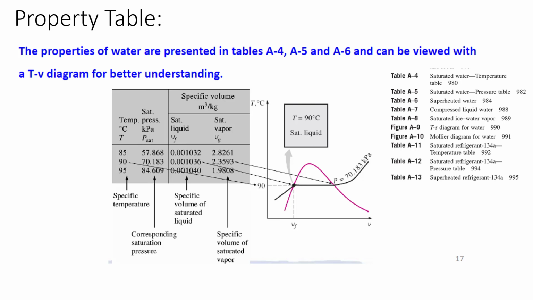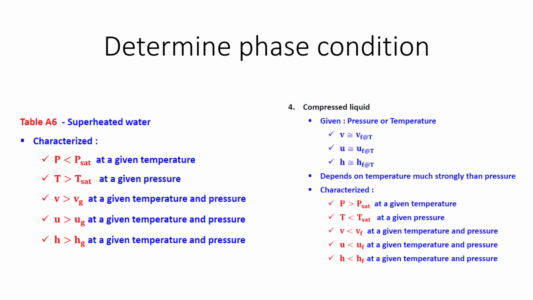From the property table, we can define the state of our substance, whether saturated, superheated, compressed, or a mixture. For example, if the given pressure is smaller than P saturated, then it will be in superheated vapor. If the given specific volume is smaller than the specific volume of saturated liquid, then it is in compressed liquid. Please remember these characteristics as they will be useful in future classes.